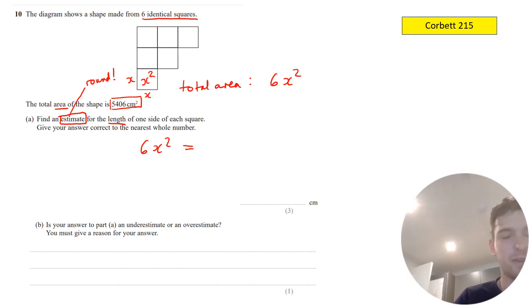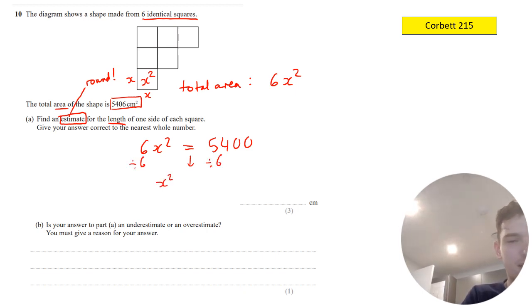I need to round that. What would be sensible to round it to? Well, let's try rounding it to 5,400. This was my first try. 2 significant figures is usually a good idea, sometimes 1, but here 2. And let's see if we get a sensible answer for x. So solve this equation, divide by 6.